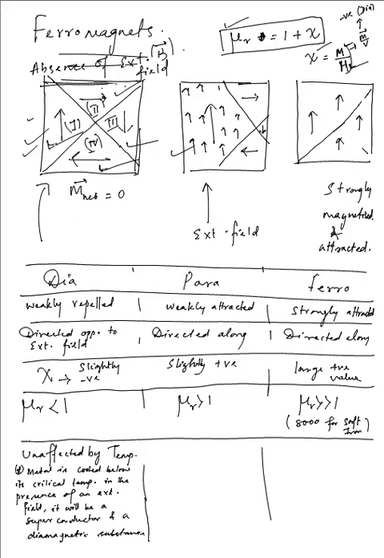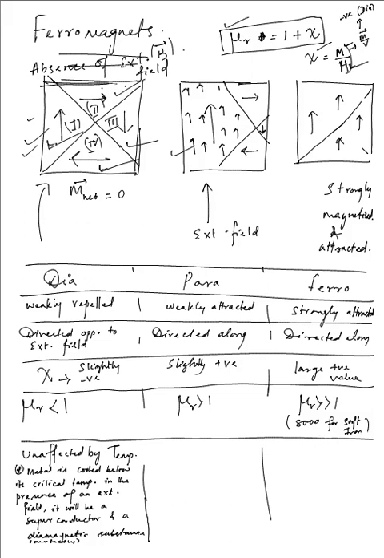Well, that is the case for diamagnetic materials, because the materials become diamagnetic in the presence of the external magnetic field, and this is a perfectly diamagnetic substance, as well as it also turns into a superconductor.